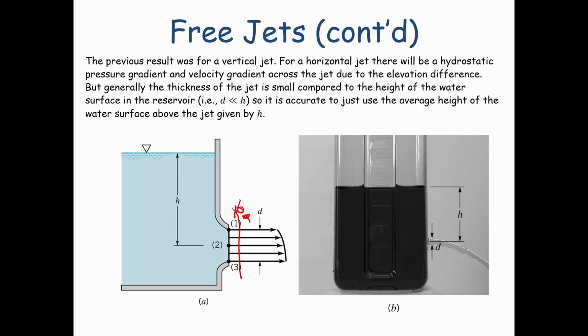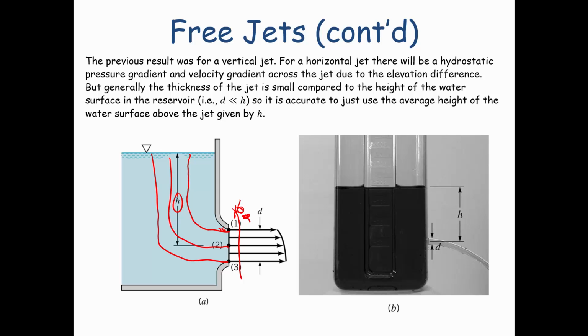Because the value of H that applies to any given streamline changes, whether we're going from here to here, or from here to here, the value of H that we use in calculating the velocity changes.